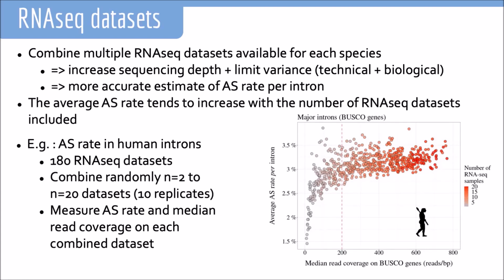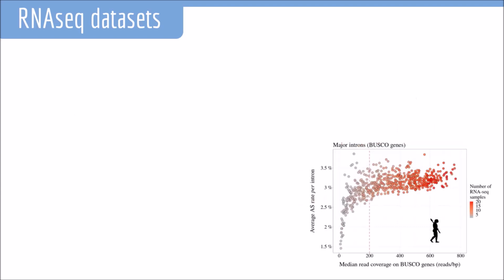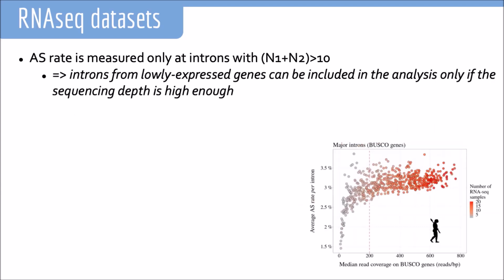The explanation for this is that to measure the rate of alternative splicing, we focused on introns that are covered by at least 10 reads. And so the introns that come from genes that are lowly expressed can be included in the analysis only if we have a very high coverage sequencing.